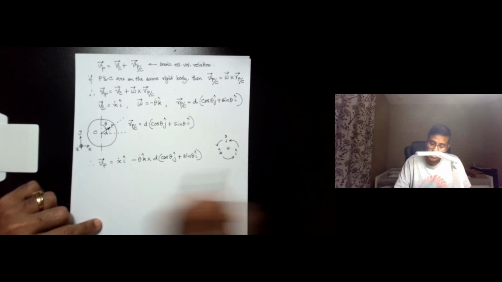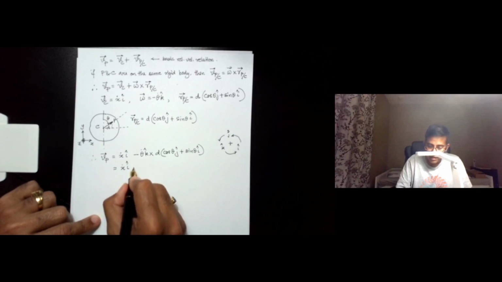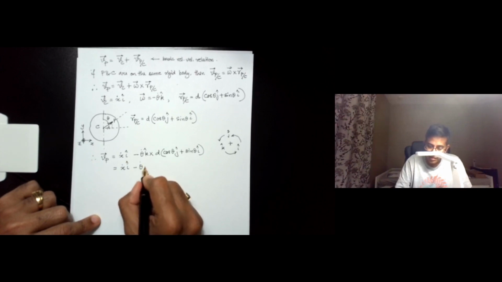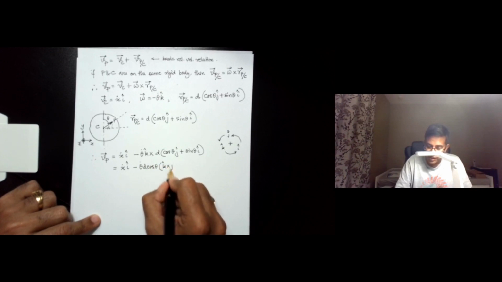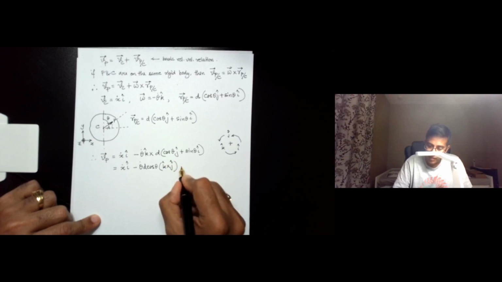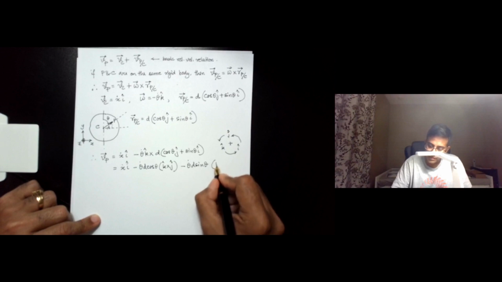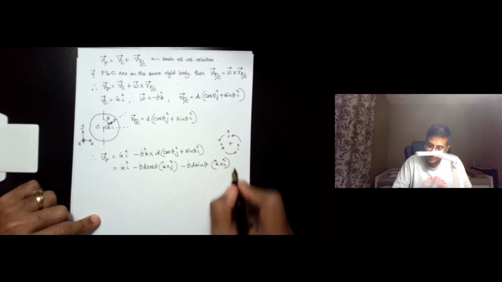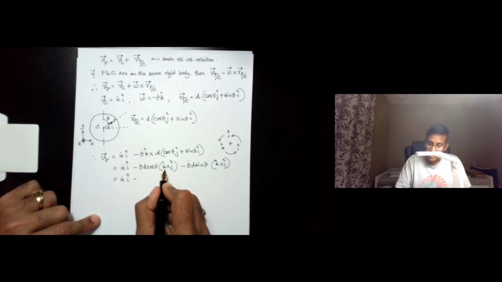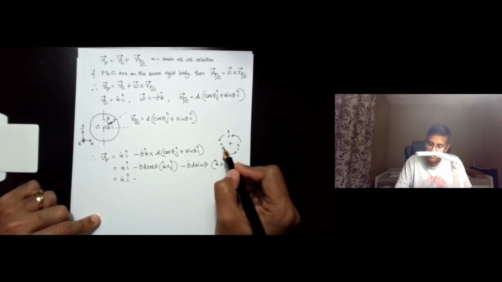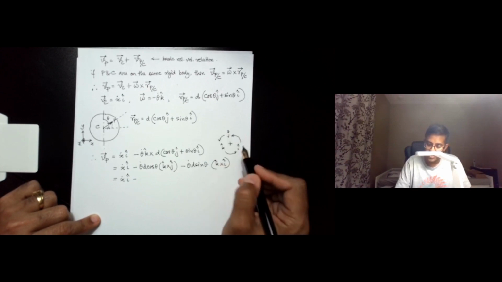Keeping that in mind, I have x dot i minus theta dot d cosine theta times k cross j, minus theta dot d sine theta times k cross i, which is x dot i minus, now k cross j is going from k to j in the opposite direction to the positive direction considered.